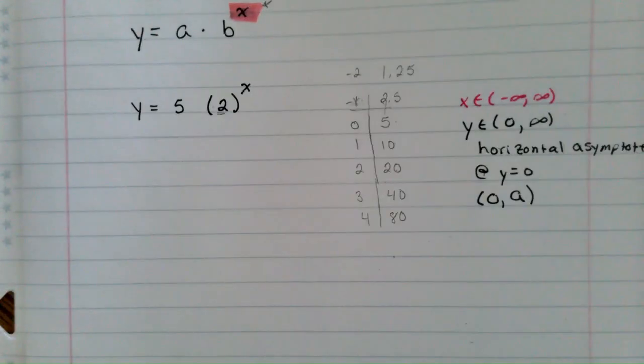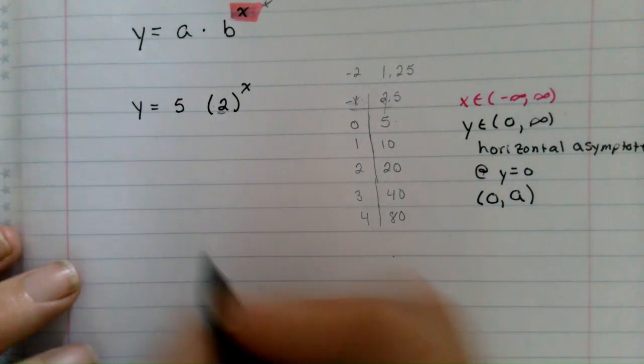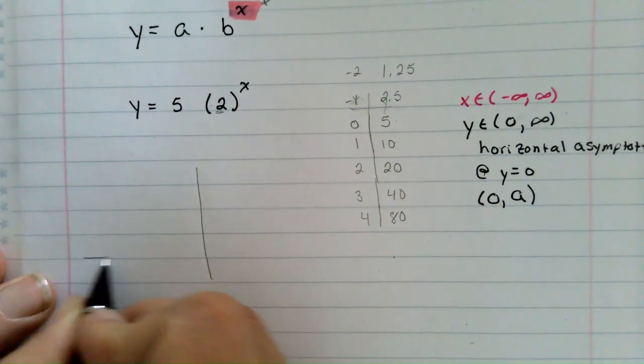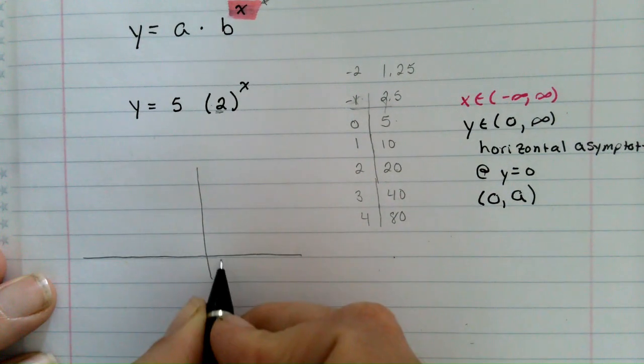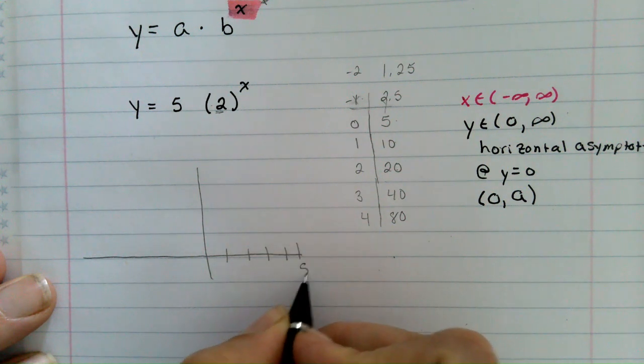So the graph generally looks like, and I'm going to do a rough sketch because the slope takes off and grows really, really quickly, as you noticed. So a lot of times when we're graphing these, we might want to go 1, 2, 3, 4, 5.